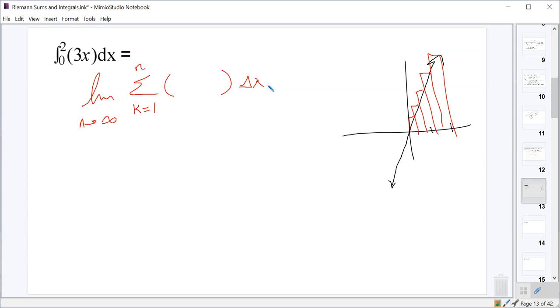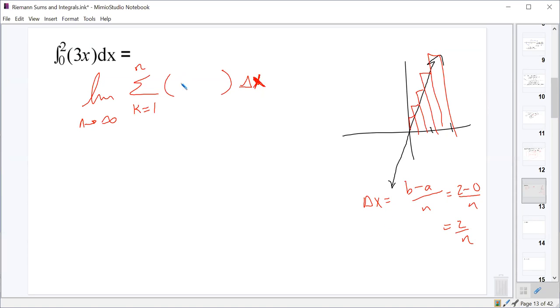And our delta x is always going to be our width. And the delta x is always equal to what? B minus a over n. Delta x is always b minus a over n, which in this case is 2 minus 0 over n, or just 2 over n. So our delta x is 2 over n.